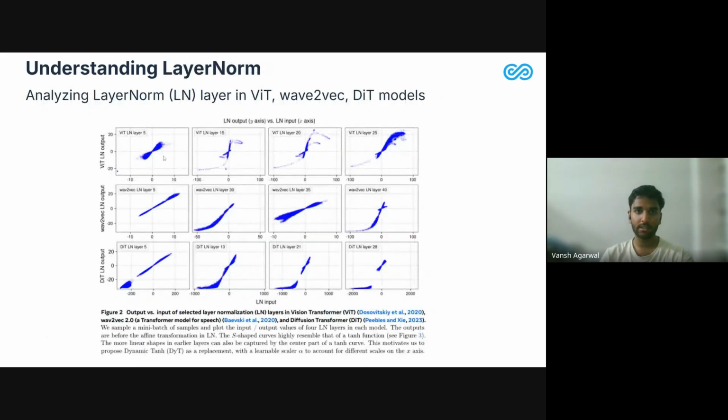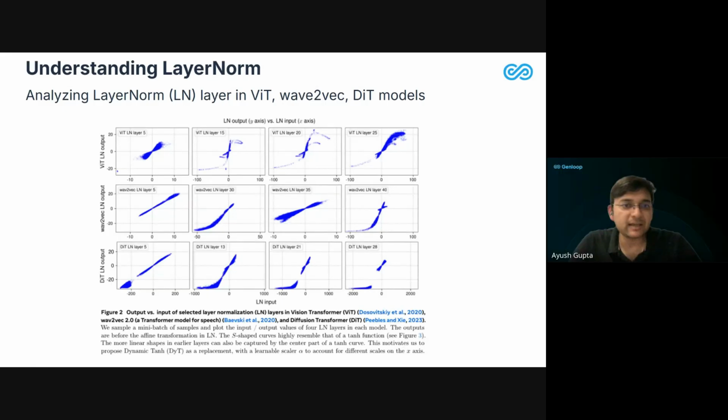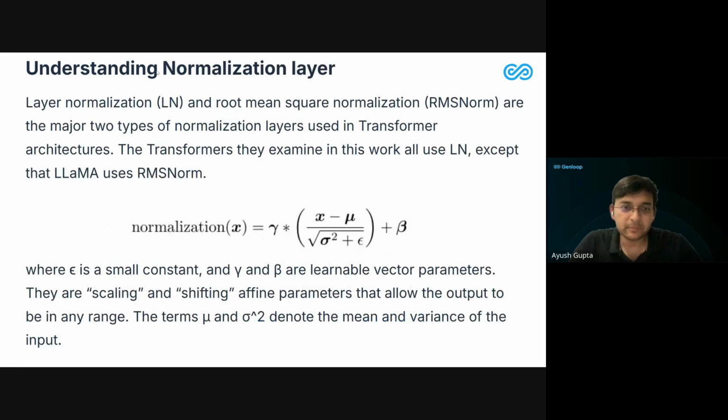So first we'll discuss the input-output relations in layer norm. In ViTs, wait, let me just add a couple more points to the normalization aspect, and then of course if anyone also wants to add to it. Definitely the benefit of normalization has been studied empirically and theoretically both.